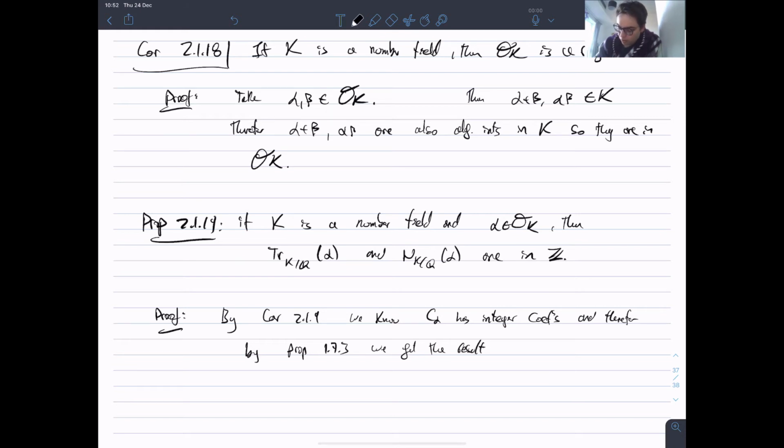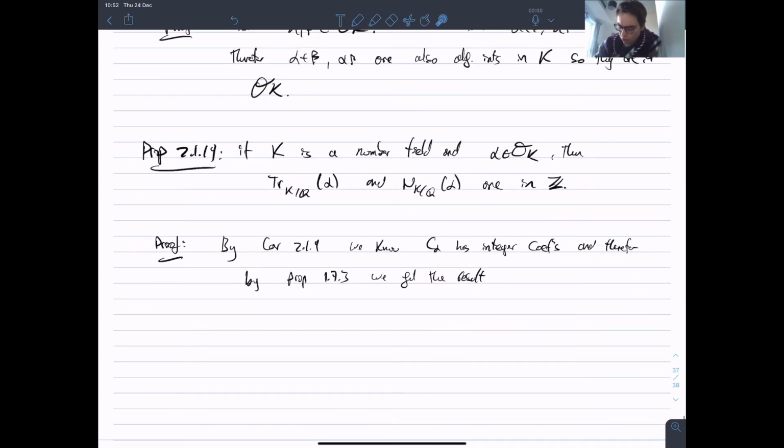This was the proposition that told us that we could figure out the trace and the norm by looking at the characteristic polynomial, this field polynomial: the trace was the second coefficient, and the norm was the last coefficient. And now I've told you that this polynomial has integer entries, so the trace and norm have to be integers. Let me give you a warning here.